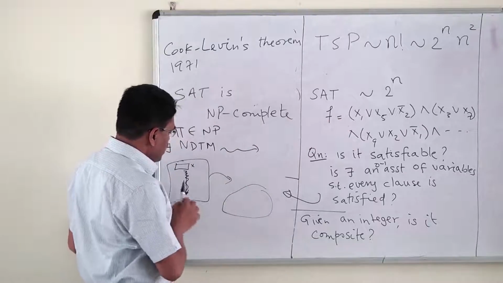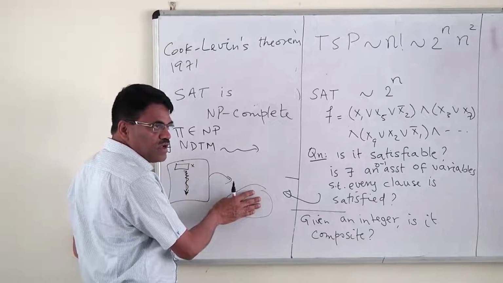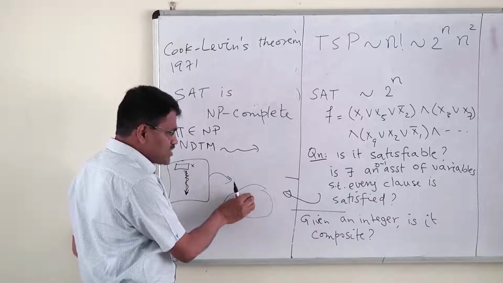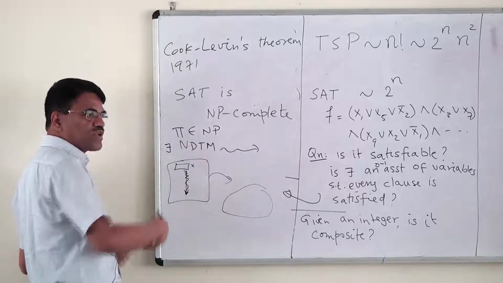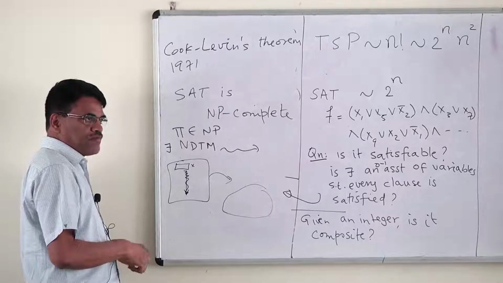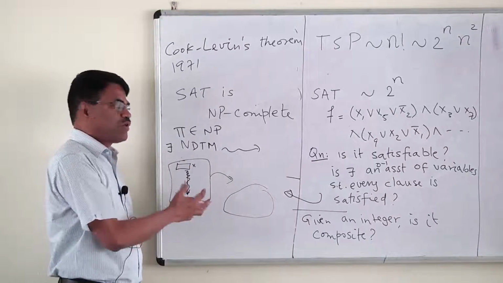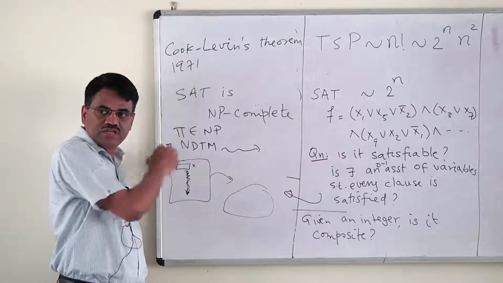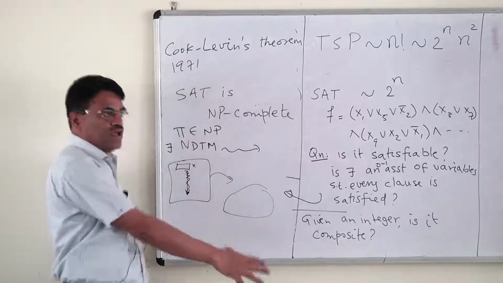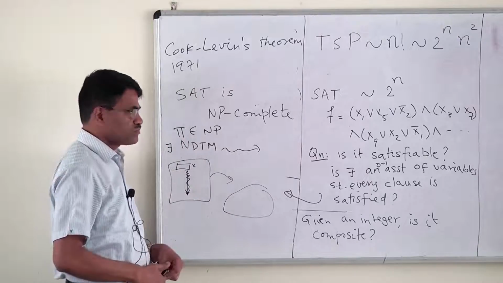This Turing machine computation can be modeled as a formula such that the formula is satisfiable if and only if on this input the Turing machine will stop and give a yes answer. Which means that if you can solve SAT in polynomial time, since every problem in NP by definition has a non-deterministic Turing machine which can be modeled as a SAT, you can solve every problem in NP in polynomial time.